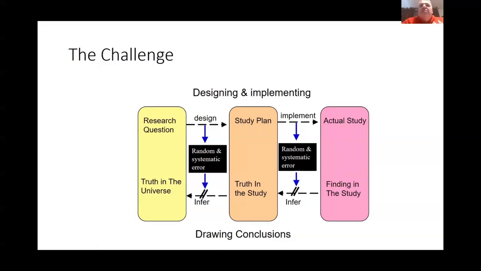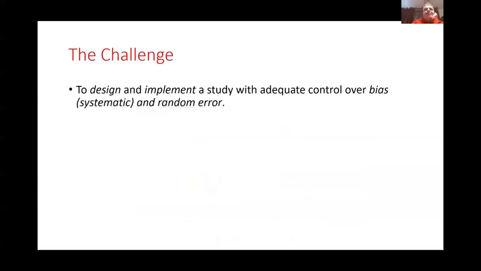So these two issues, study design and implementing the study plan, are the two major issues that affect internal validity and external validity. And as you see, bad selection of study design is the essential factor in affecting external validity and transferring the truth from my study to the truth in the universe.